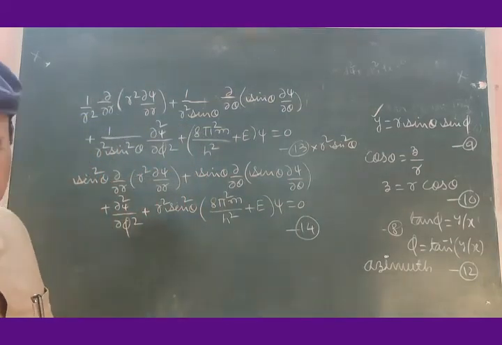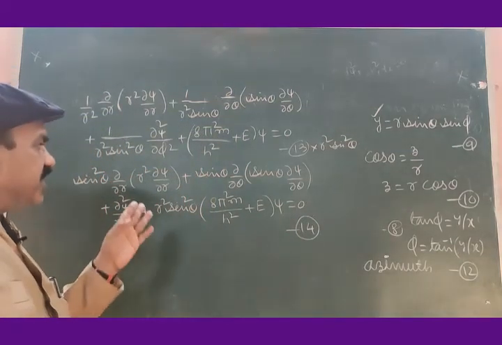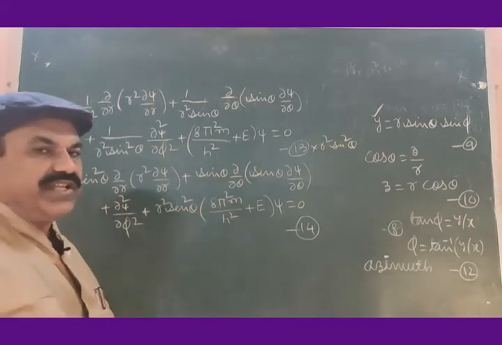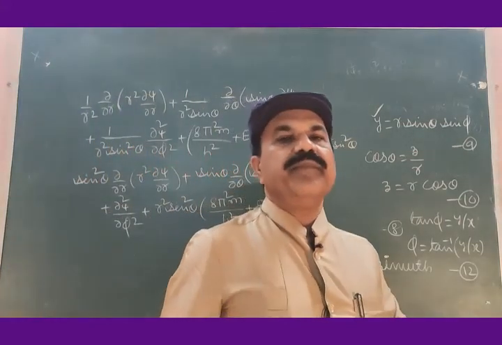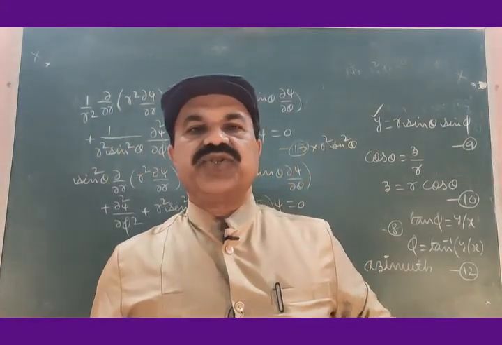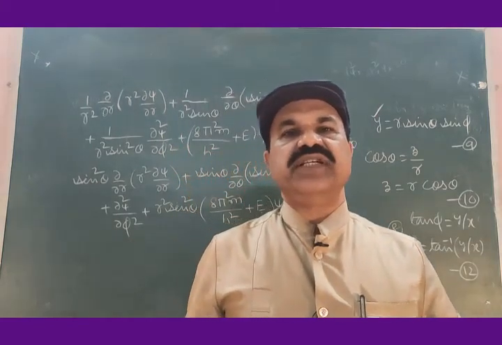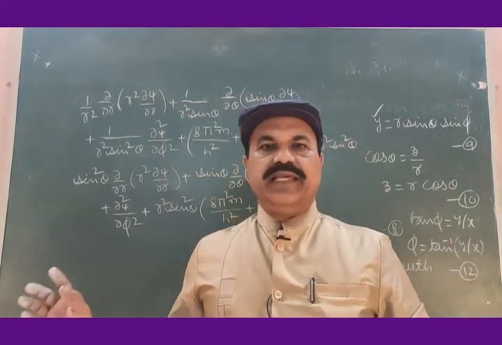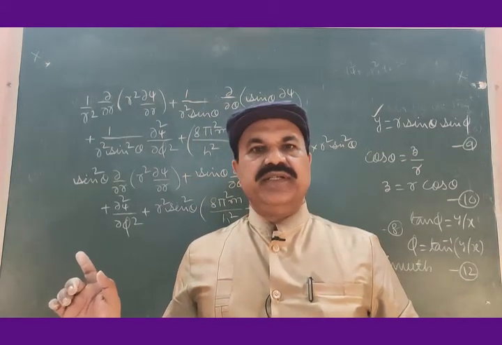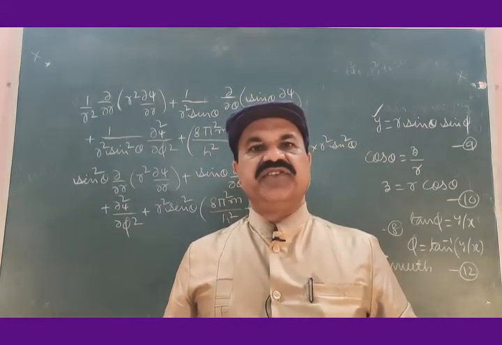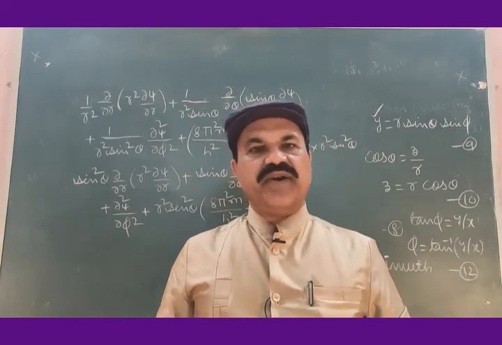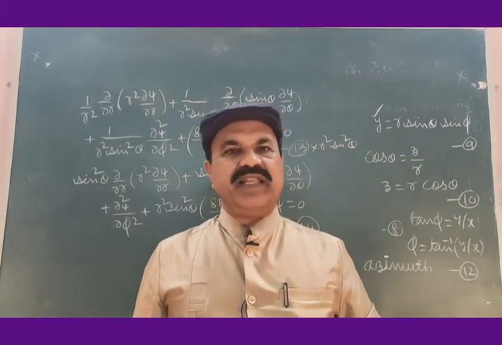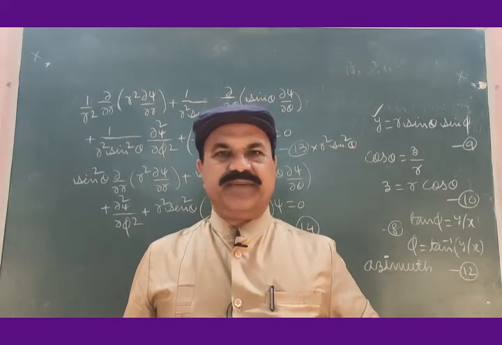Equation 14. Equation 14 is the Schrodinger equation for the hydrogen atom in spherical polar coordinate system.